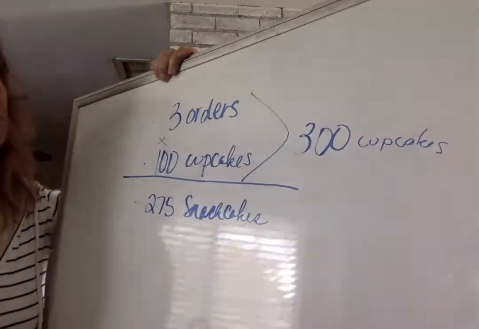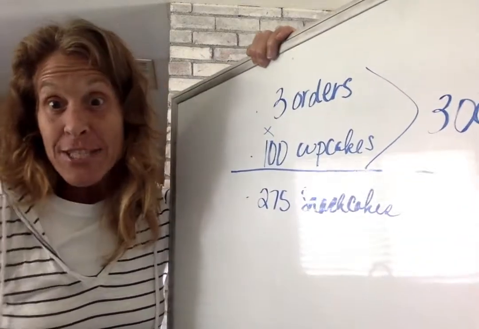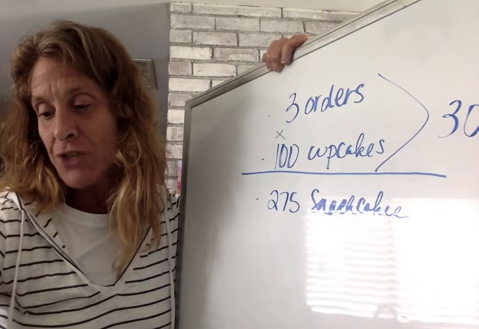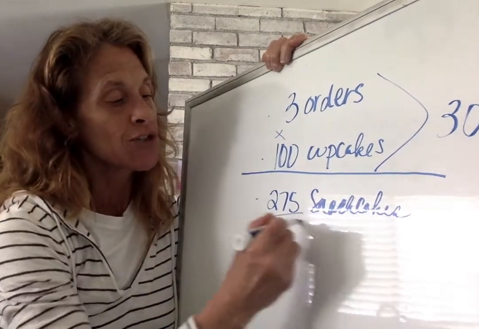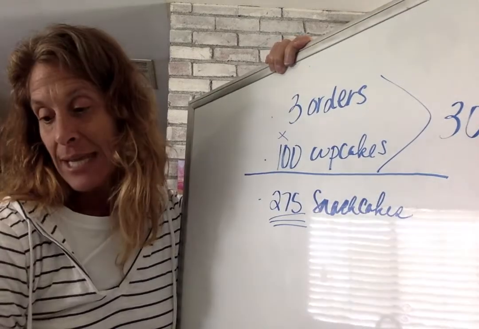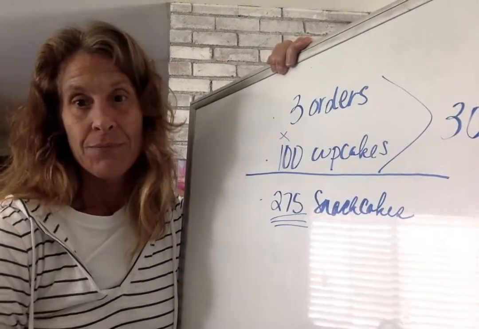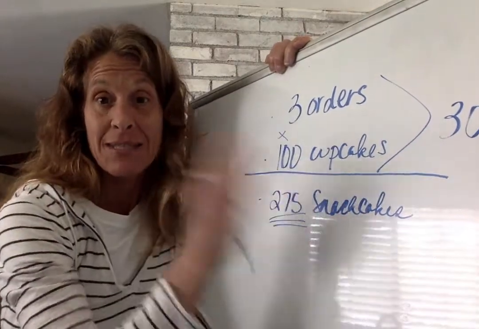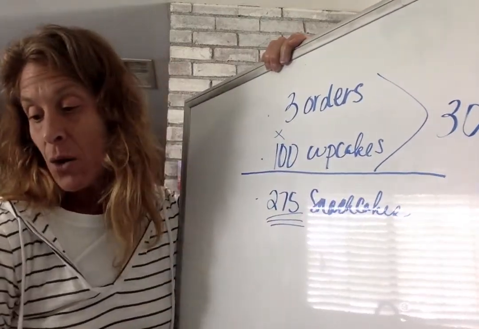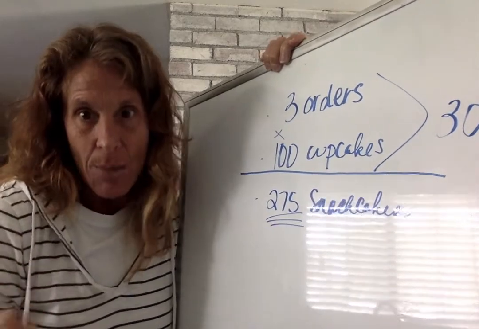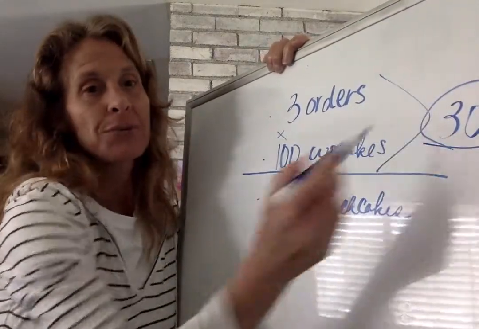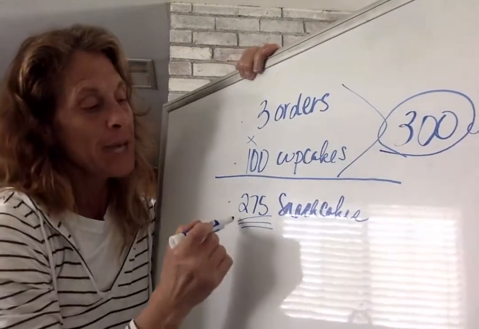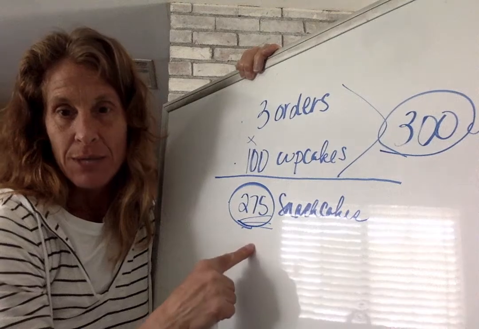So, you guys know that that's there. So then let's do part B. So then the other part says, each afternoon he makes 275 snack cakes to be shipped. So it's not this many orders, it's just this many snack cakes. So about how many? Well, we can't really round 300 to anything other than itself, so we're good there. But we haven't rounded this number yet.